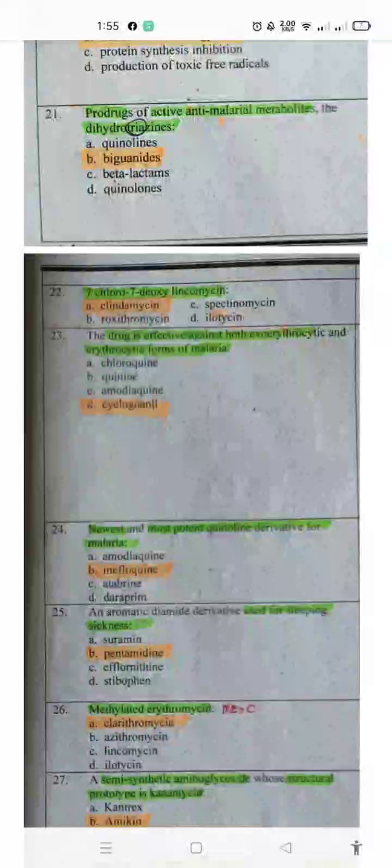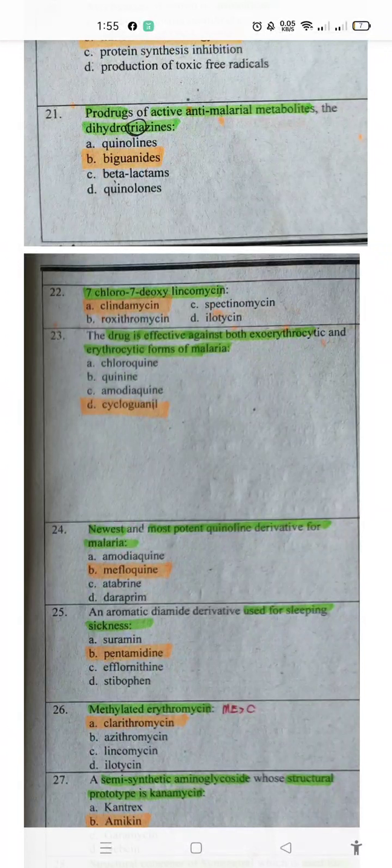Number 25, an aromatic diamide derivative used for sleeping sickness is your letter B, pentamidine.